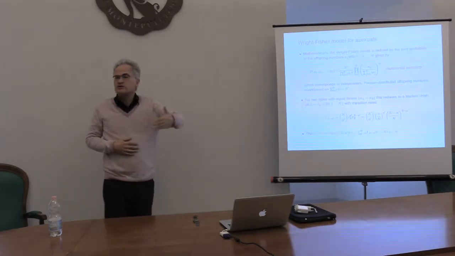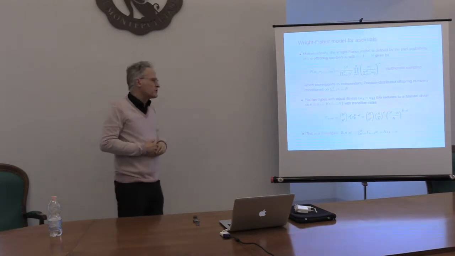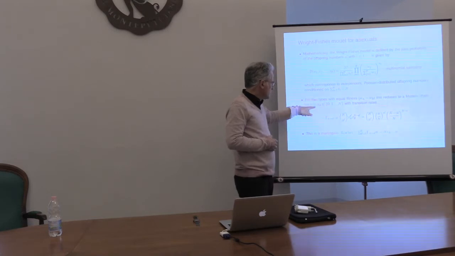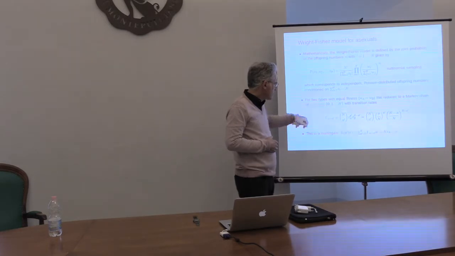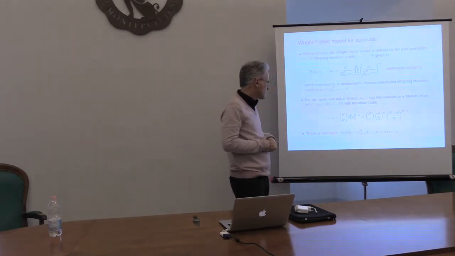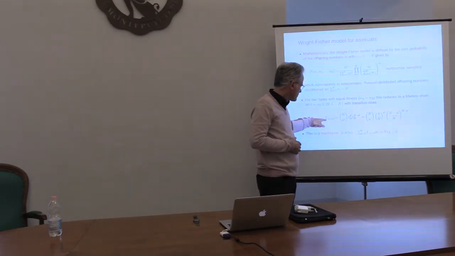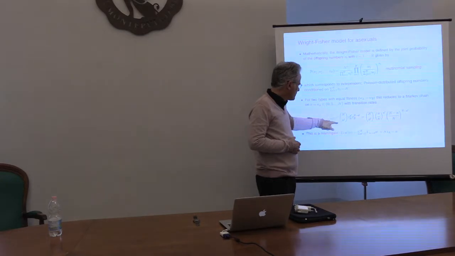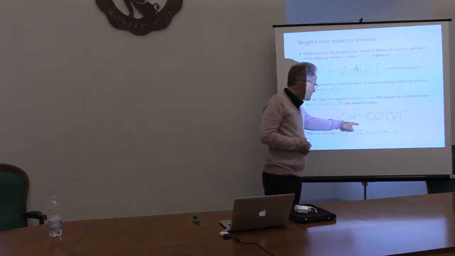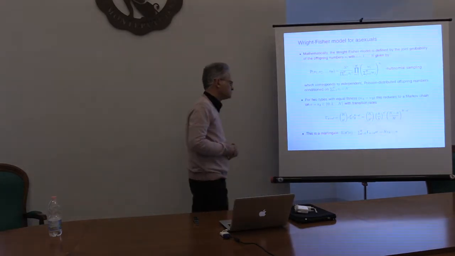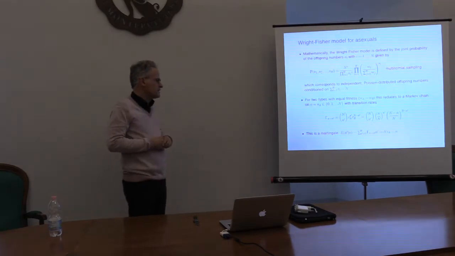Then it just means that you choose the new generation at random from the old one, and this reduces to a Markov chain on the number of individuals of one type, let's say type A, which is between 0 and capital N. It has binomial sampling rates: the probability of going from n to n prime is given by this binomial coefficient times the frequency of A to the power n prime and the frequency of B to the power N minus n prime. So this is the basic Markov chain.